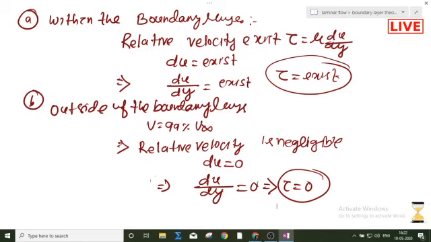From this I can define the boundary layer. Please listen carefully: the boundary layer is the region in the flow field where fluid flows with a higher relative velocity, or I can say the layer inside this boundary layer has a relative motion between the fluid particles.